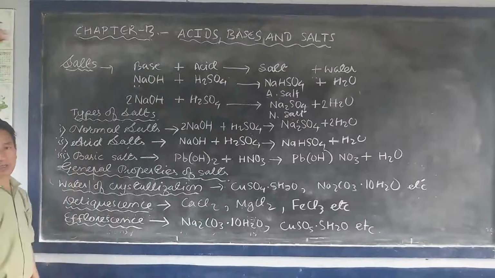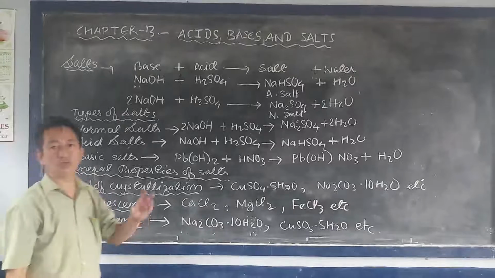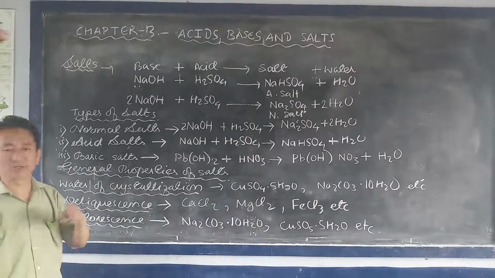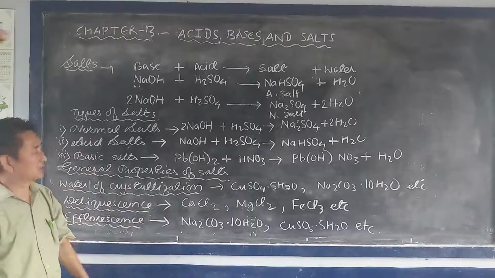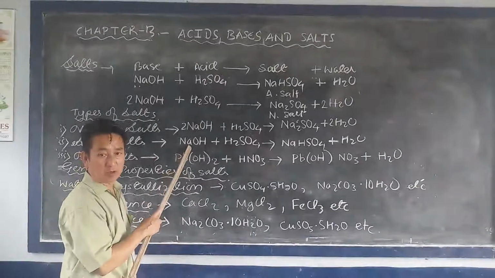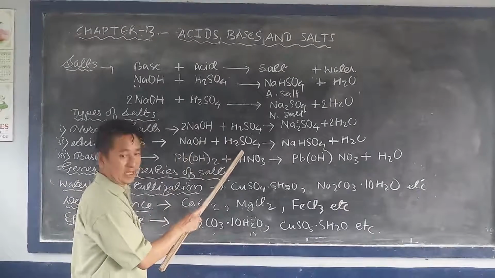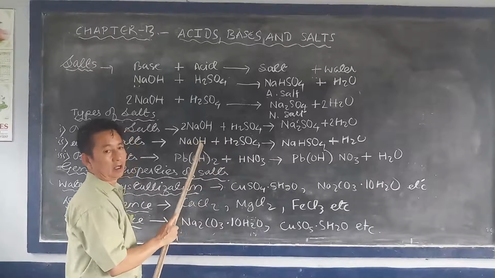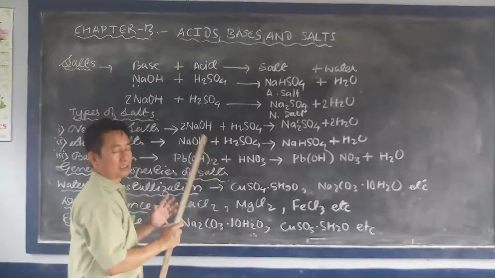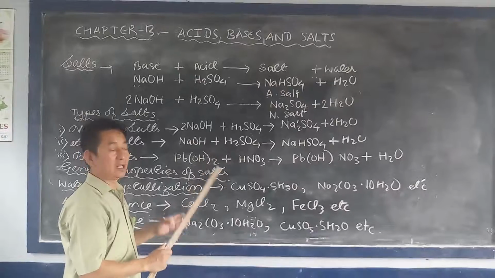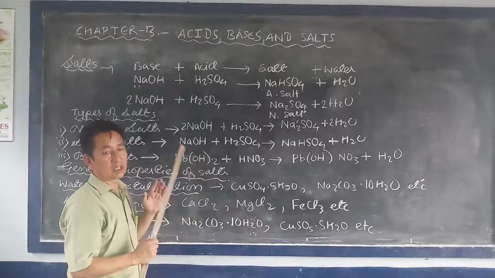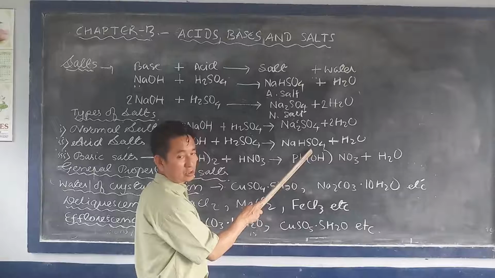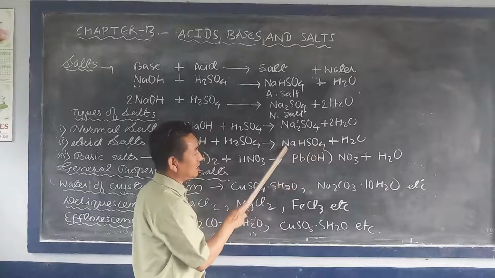Now acid salt. These are the salts which are formed by the partial neutralization between an acid and a base. As you can see, sodium hydroxide is a base, sulfuric acid is an acid. When they react with each other and partially neutralize, they give acidic salt. Sodium hydrogen sulfate is an acidic salt.